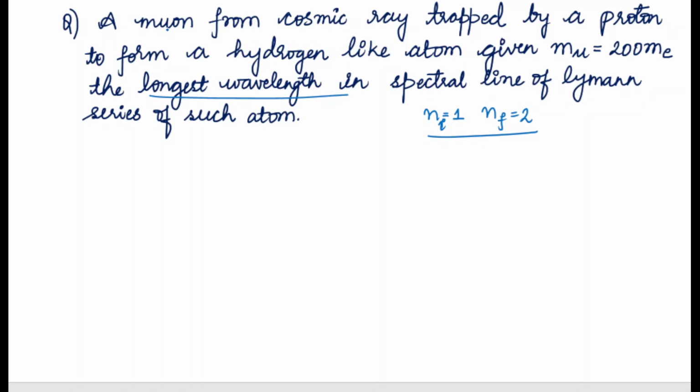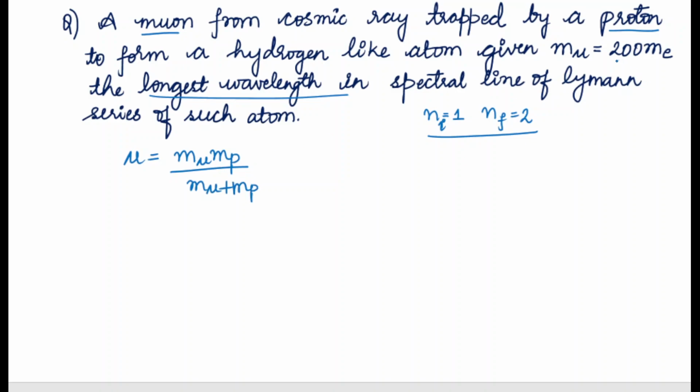Here a muon from cosmic ray is trapped by a proton to form the atom. So for a muon and a proton, again the reduced mass mu is equal to mass of muon times mass of proton divided by mass of muon plus mass of proton.